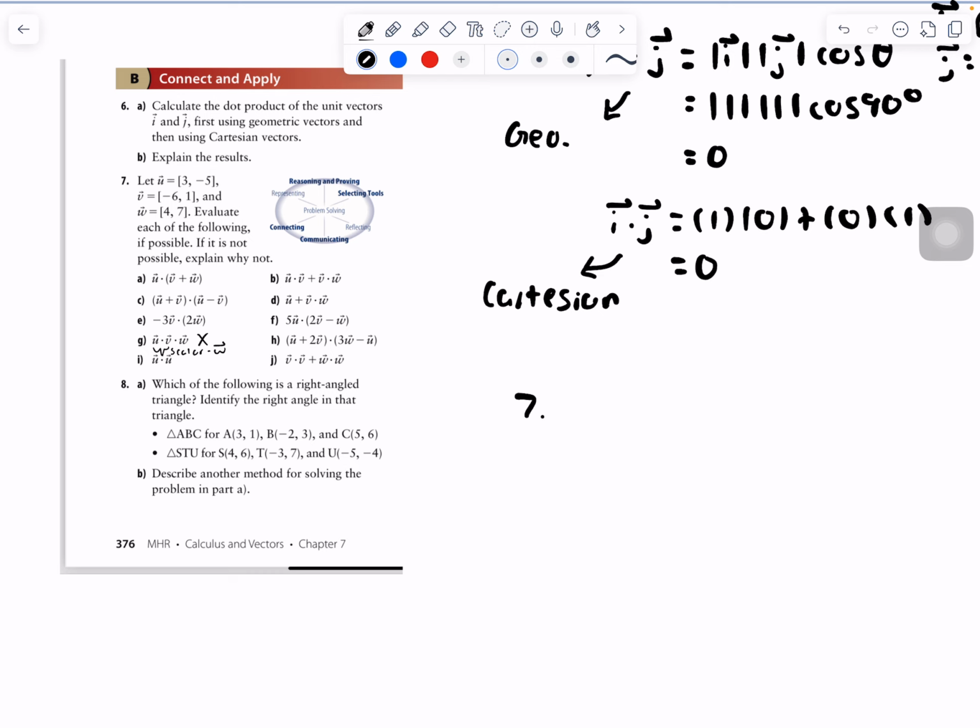The other one, I guess, that jumps out at me would be this one right here. D. So why is D not allowed? Well, D would be like, right here, we get a scalar after applying this dot product.